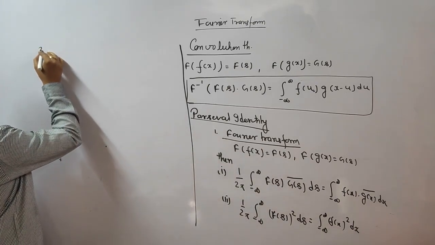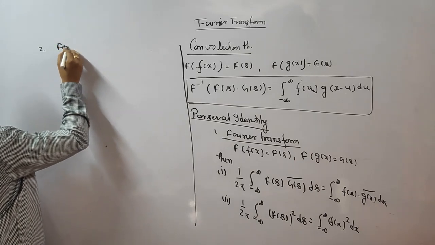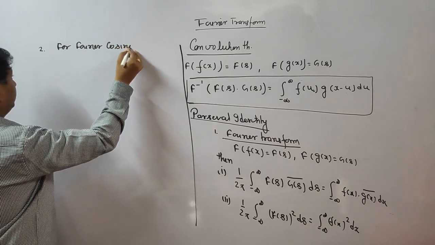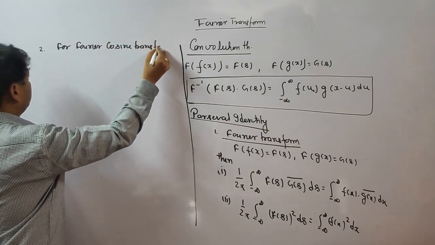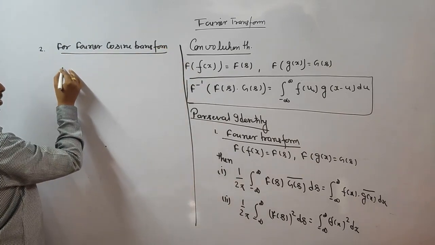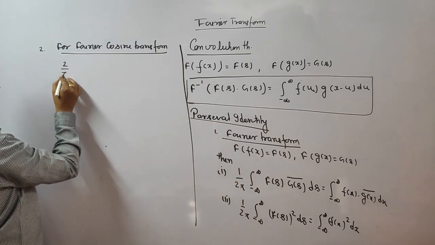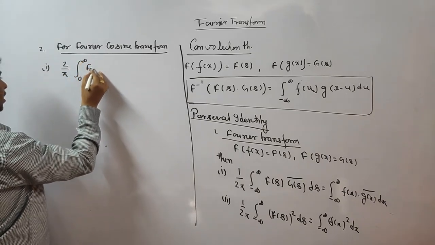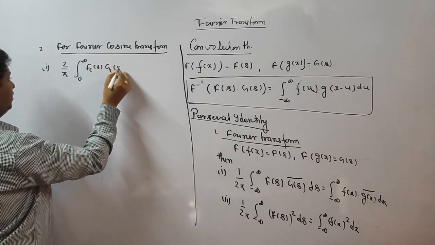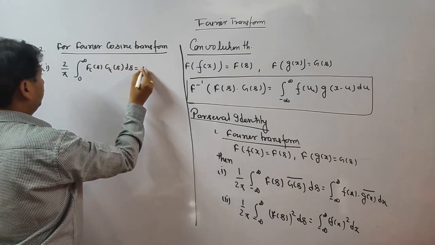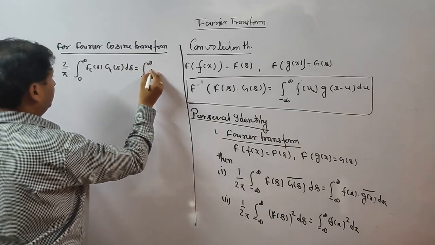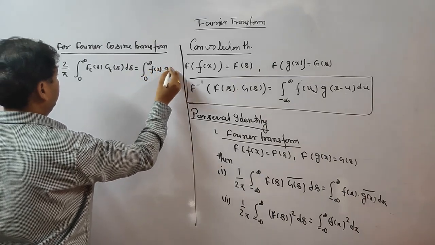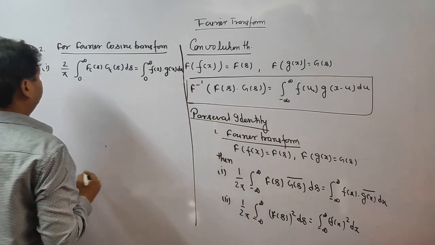So, second, for the Fourier cosine transform, the Parseval identity is 2 upon pi, first, integral from 0 to infinity of Fc(s) Gc(s) ds is equal to the integral from 0 to infinity of f(x) into g(x) dx.